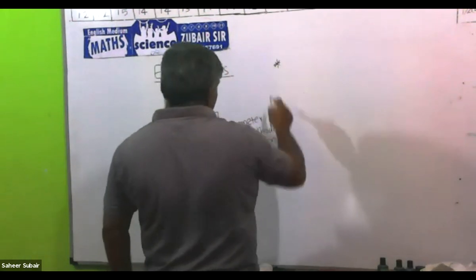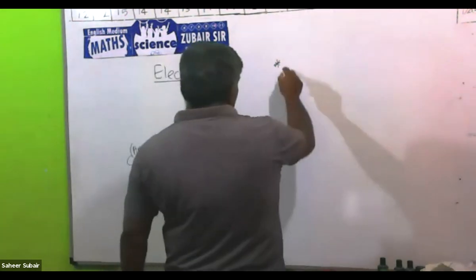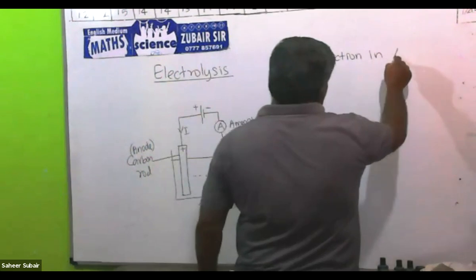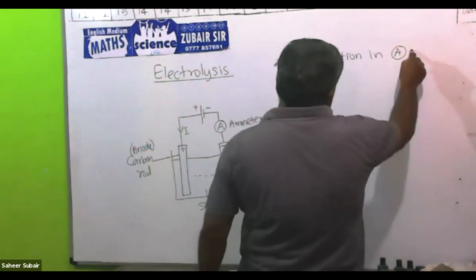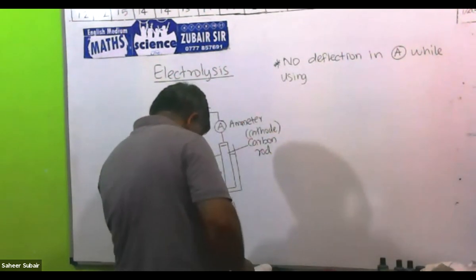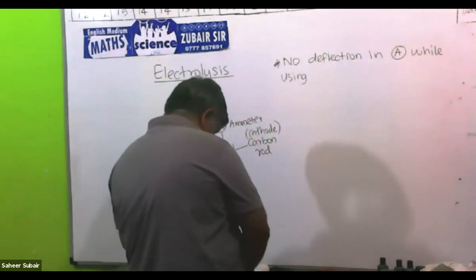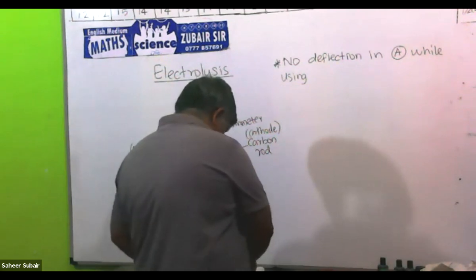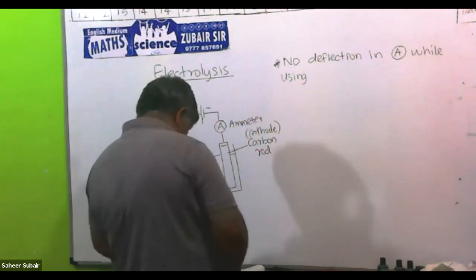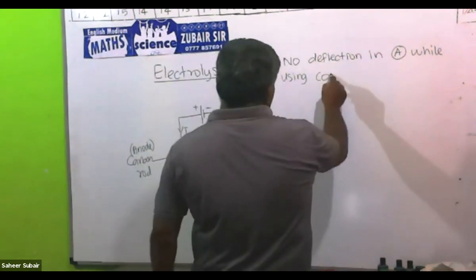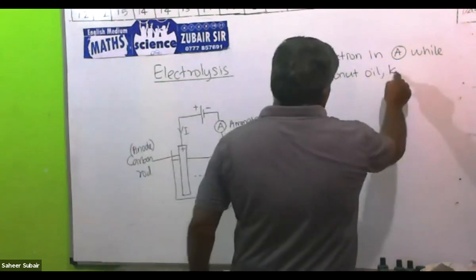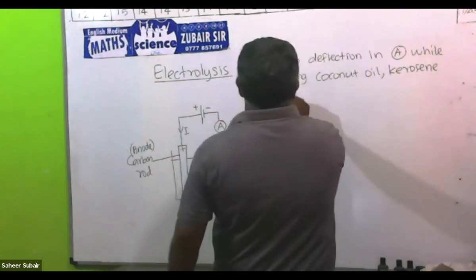First 2 lines you can write: No deflection in ammeter while using coconut oil, kerosene, and distilled water.